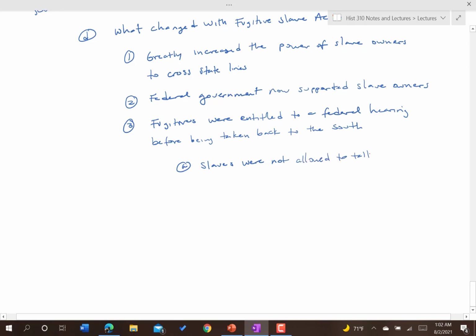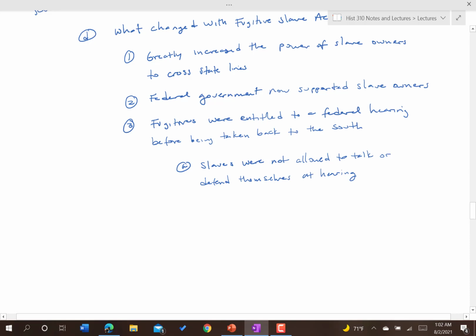So unless they had a lawyer, which sometimes abolitionists provided, but sometimes these hearings were taking place and you didn't know. So they weren't allowed to testify on their own behalf. So even if they had the evidence to say, look, I've got this to prove that I am not a slave, I was born free, you couldn't show it.